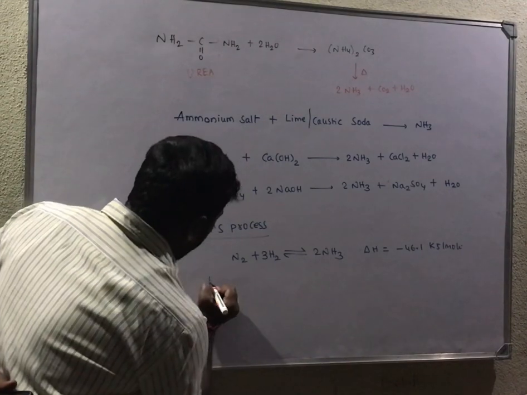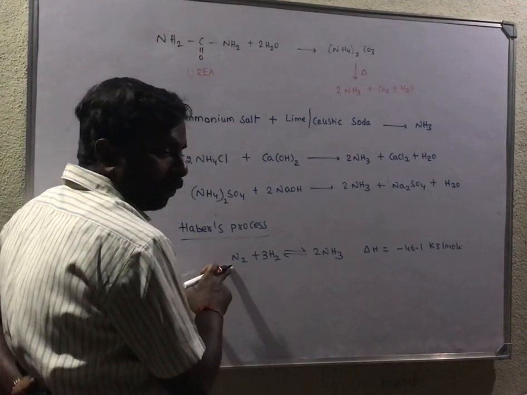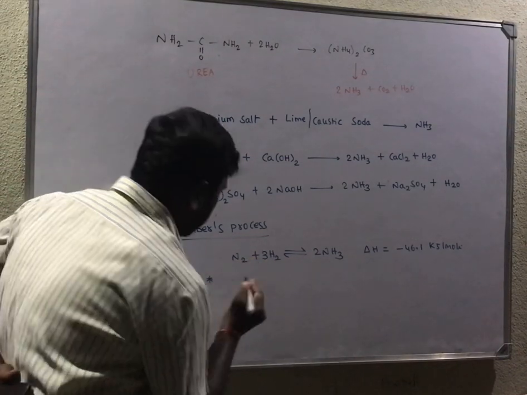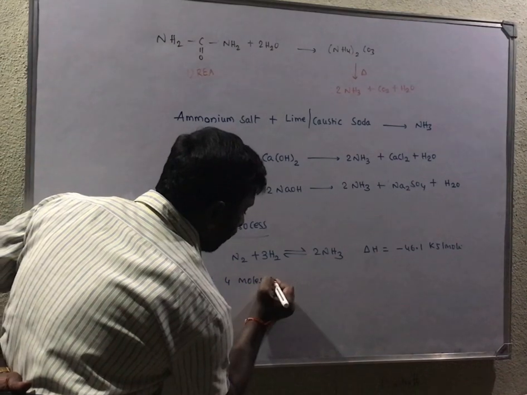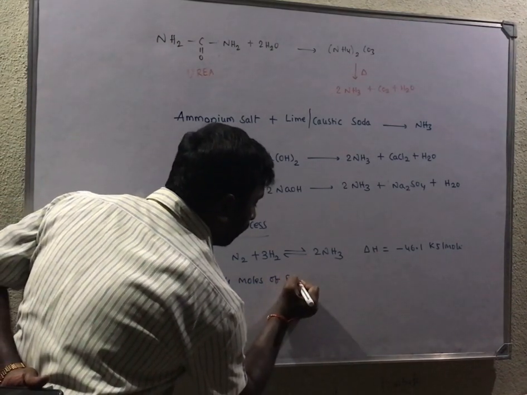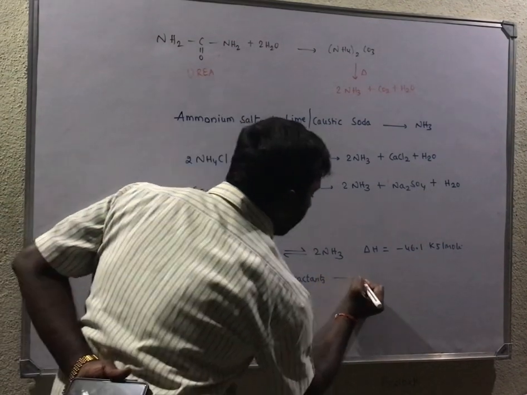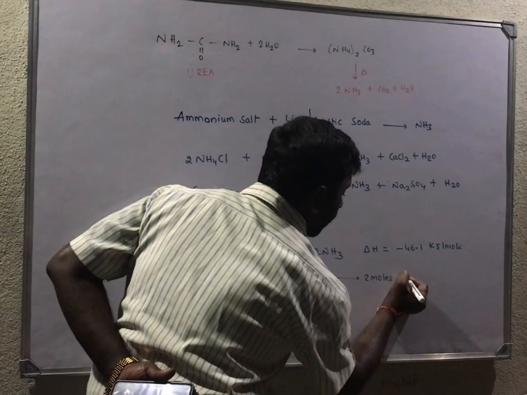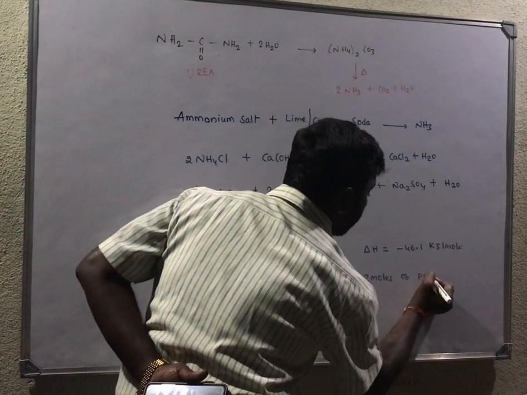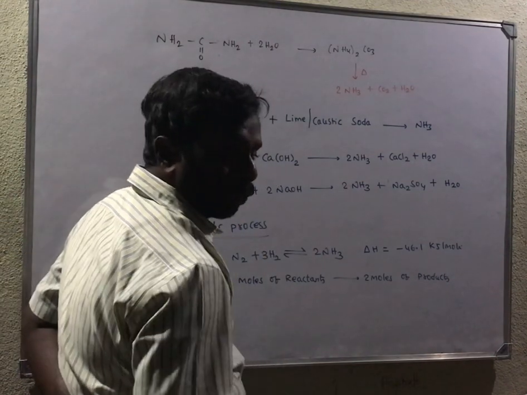Here how many moles of reactants? 1 mole of N2 and 3 moles of H2, 4 moles of reactants converted to 2 moles of products.